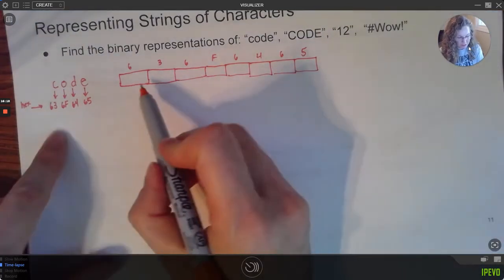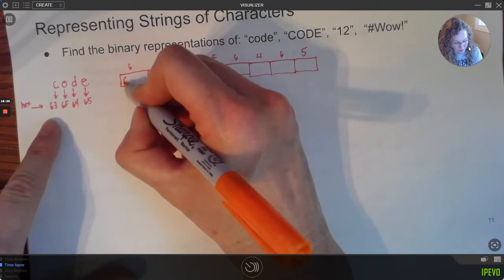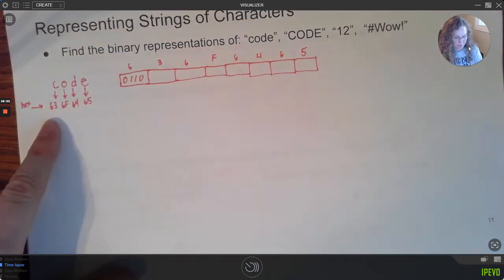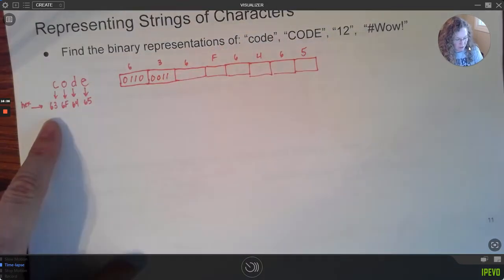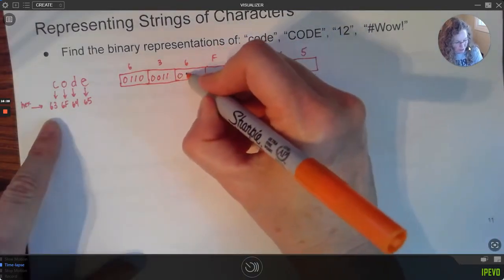Okay, so 6 is 0, 1, 1, 0. 3 is 0, 0, 1, 1. Every time we see 6, it's going to be that 0, 1, 1, 0.